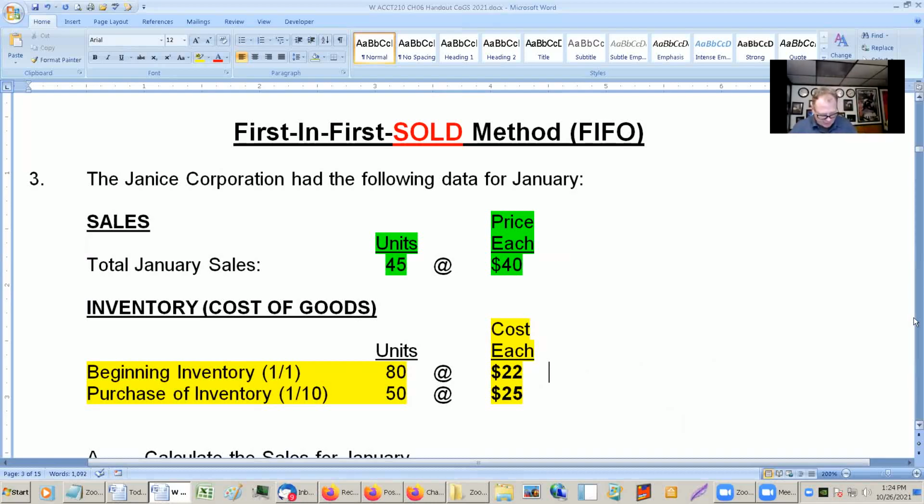This is the first place we're going to go. We sold these 45 units. They came from this beginning inventory of 80.